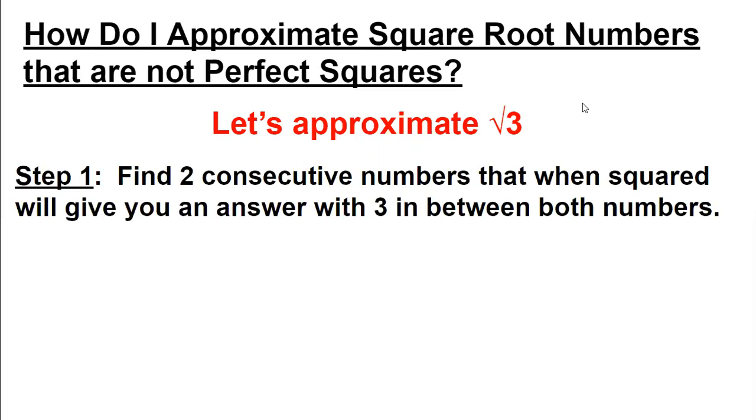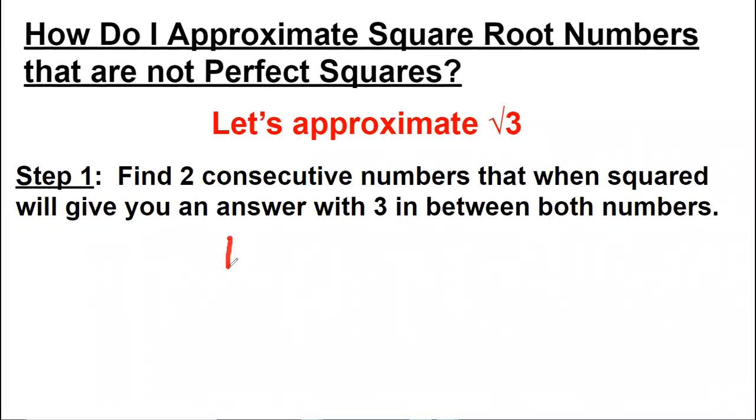So let's see. Step 1, we're going to find 2 consecutive, that means next to each other, numbers that when squared will give you an answer with 3 in between both numbers. So we're talking integers here, whole numbers, right? Let's try 1 squared.